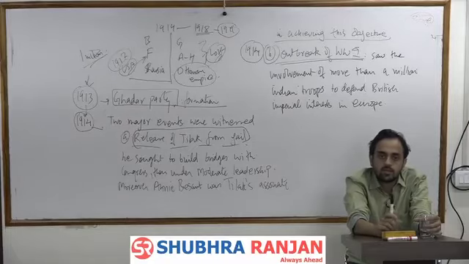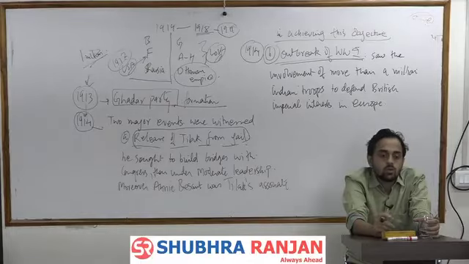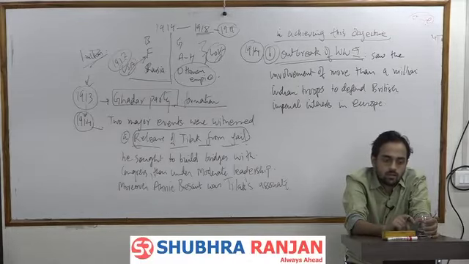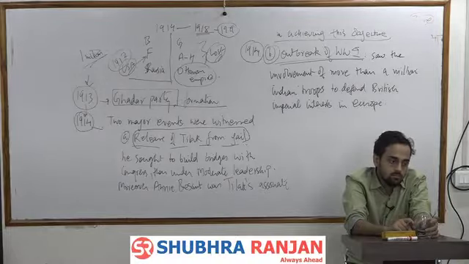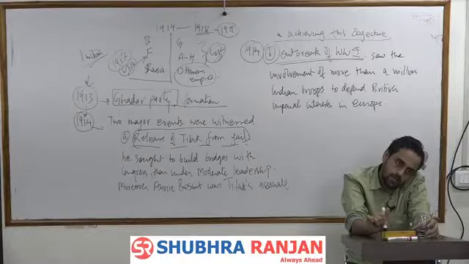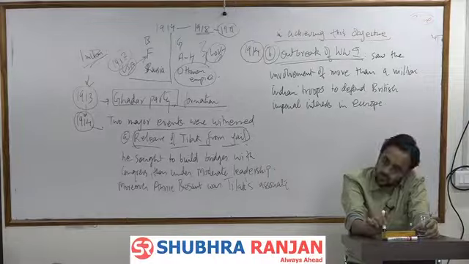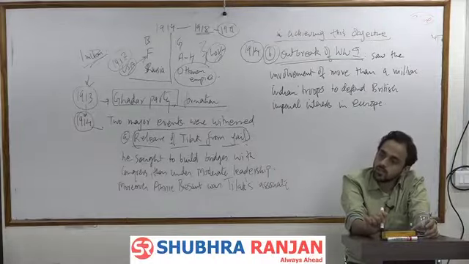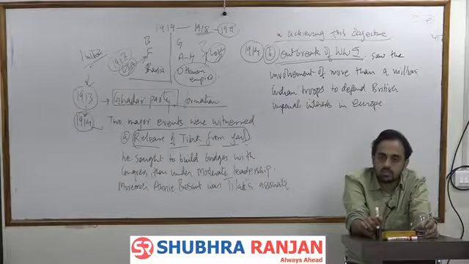Next paragraph you write. The Home Rule League movement: Tilak started it in the province of Bombay, and for the rest of the provinces, primarily beginning from Madras, it was Annie Besant who was responsible.